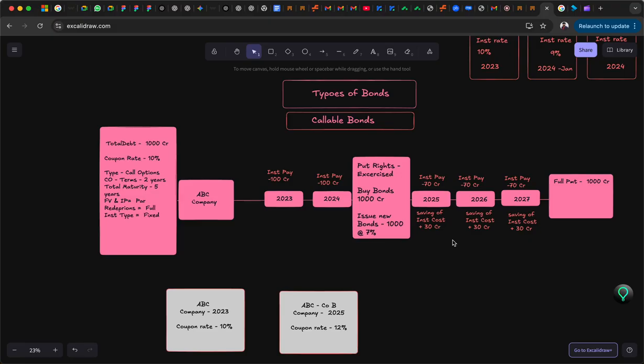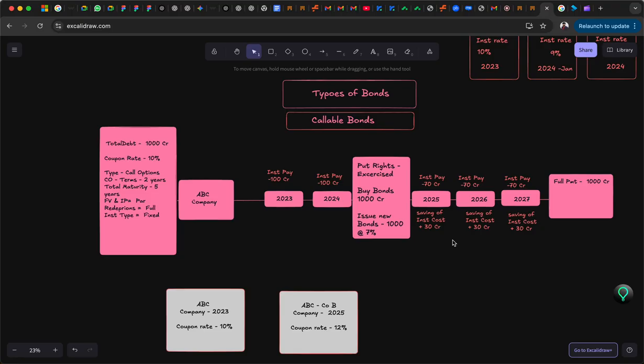So at the end, as investors, we will always go ahead with the high coupon rate, because a high coupon rate means higher income for you. So that's all. If you ask me again for the key difference between putable and callable: callable is a right that the company holds and exercises after a certain period.